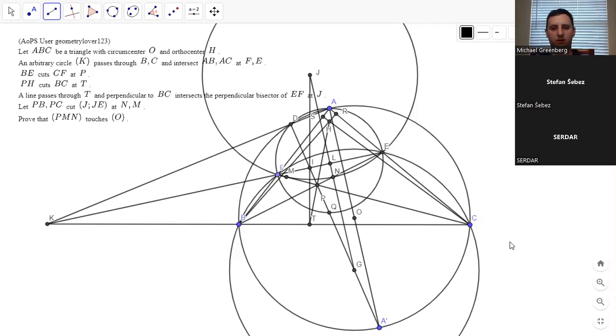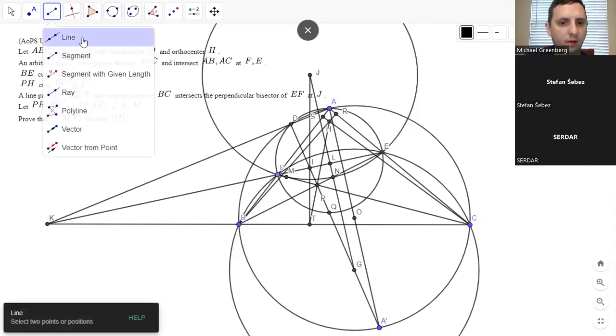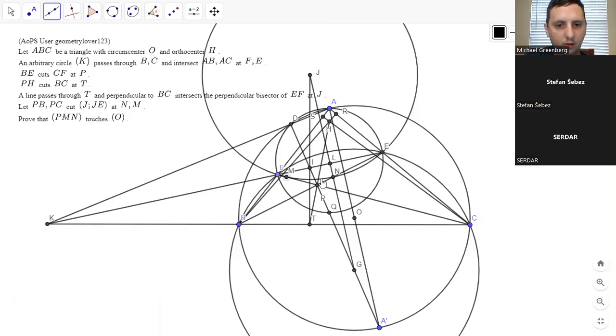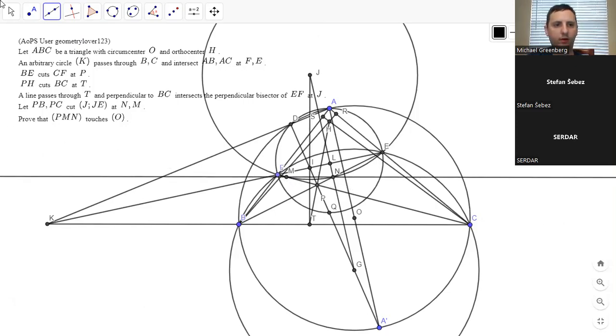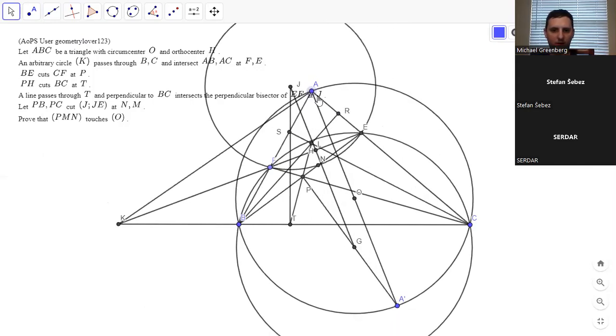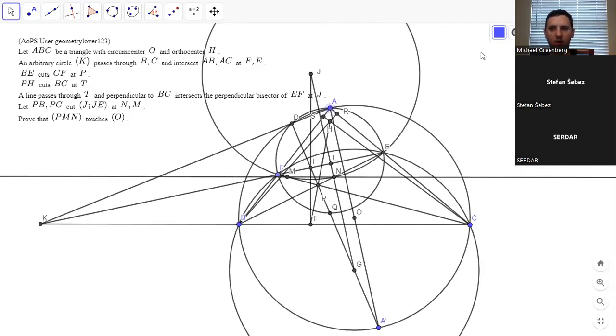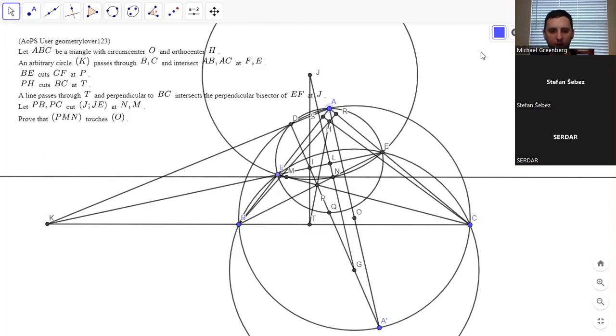Can you check if MN is parallel to BC? Okay. It looks like it. Let's see. That should be by Reim's theorem. No. Maybe. Yeah, because I think it is Reim's theorem.